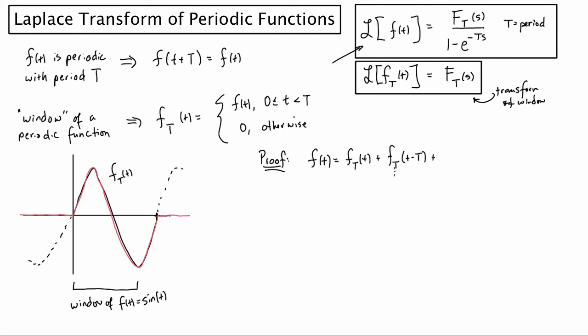And so this would be from 0 to T. This would then take over from T to 2T.